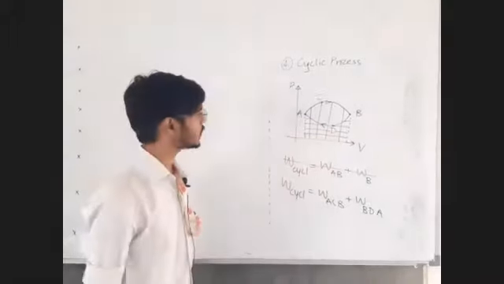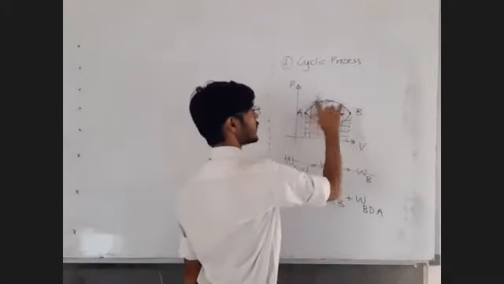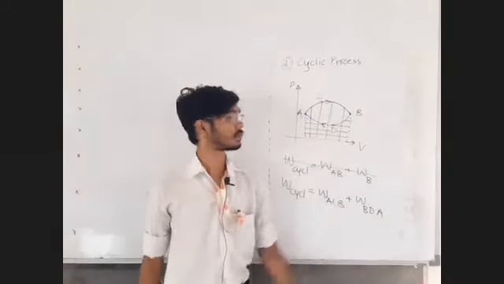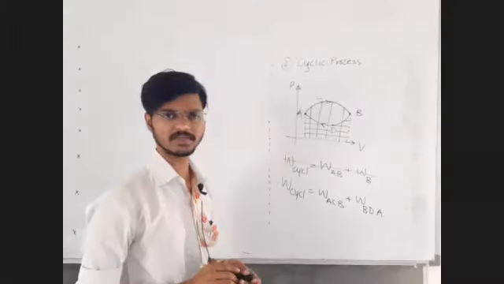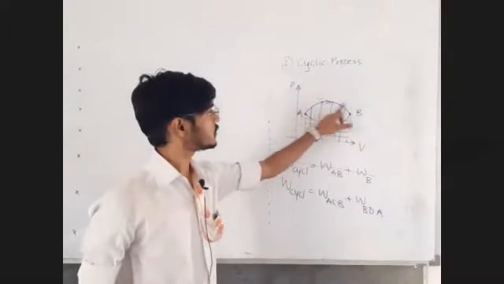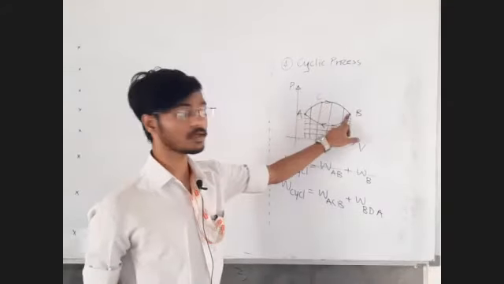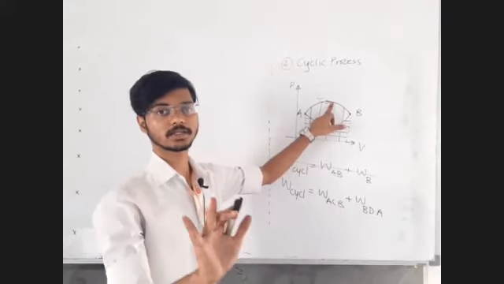Now, can you tell me what will be the sign of this work done? ACB work done will be positive or negative? Good. Everyone is giving the correct answer. ACB, volume increase, expansion. Perfect answer. Positive.